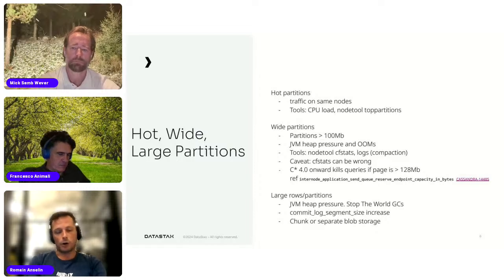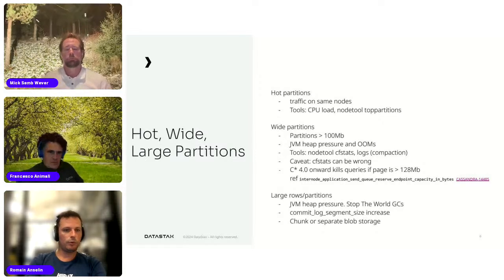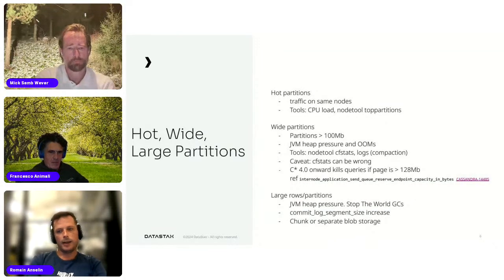So in a local quorum scenario, you will ask 2 of the nodes to retrieve the data. Now, a hot partition is basically when you're always hitting the same partition, hence the name. And that means that in the way Cassandra is designed, you will always be hitting the same nodes.